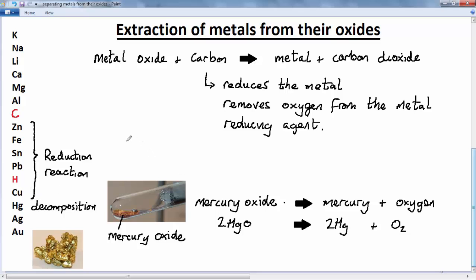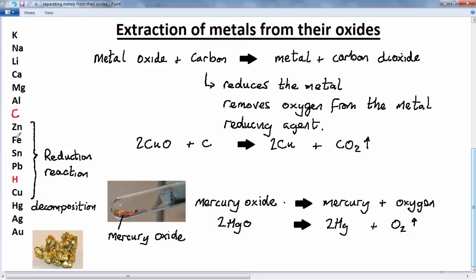All right, so let's write out the equation for that. We have copper oxide plus carbon releases copper and produces carbon dioxide. We need to balance that again. So we have 2 oxygens here, 1 oxygen here, we need to put a 2 here. We have now 2 coppers here, 1 here, so we need to put a 2 here, and the equation is balanced.